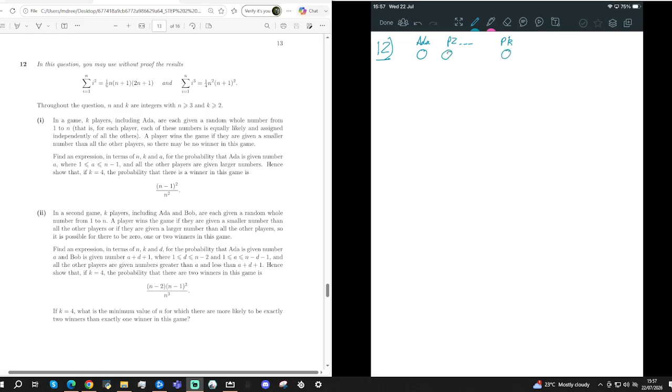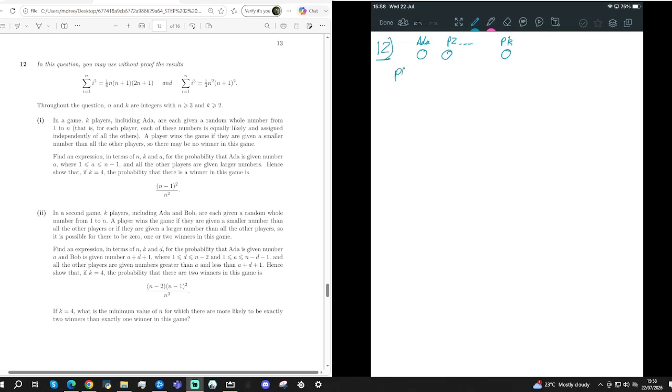And the winner is going to be whoever gets the smallest, providing that no other person gets that same smallest. So if 2 people get the number 1, there is no winner. Find an expression in terms of n, k and a for the probability that Ada is given the number a and all the other players are given larger numbers.